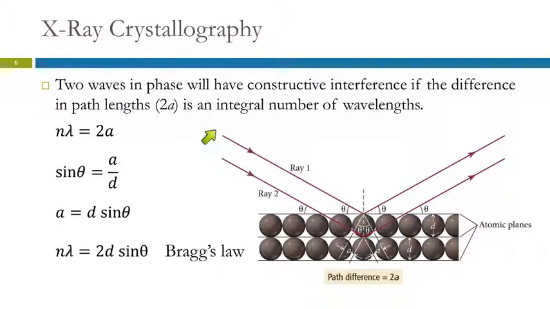So if you have two waves that are in phase, they're going to have constructive interference if the difference in the path lengths is an integral number of wavelengths. So this wave coming in hits this atom, and this one is coming in and hitting this atom. They're both going back out.